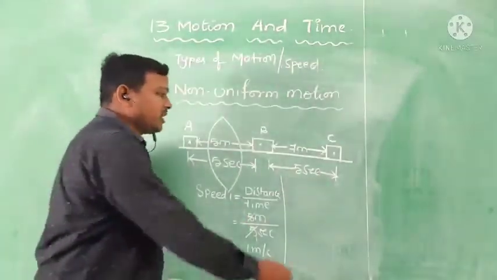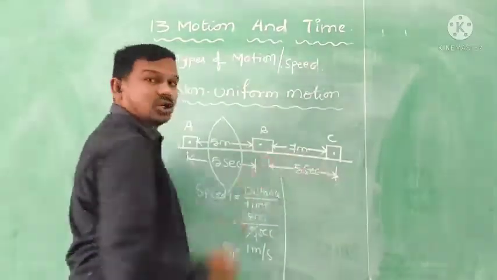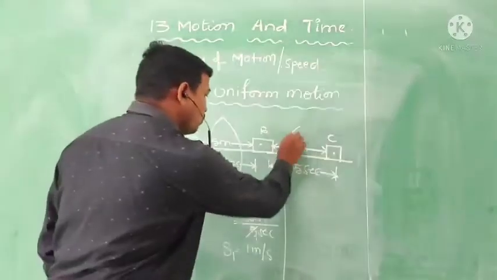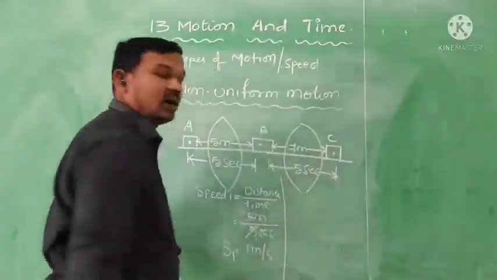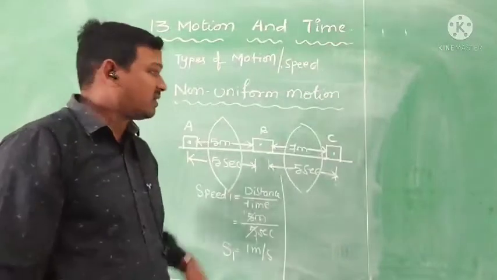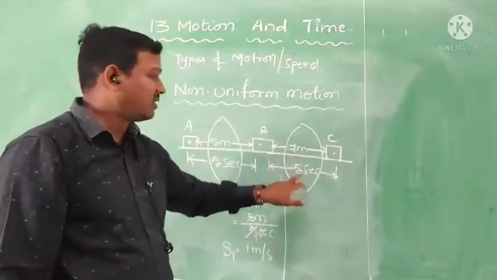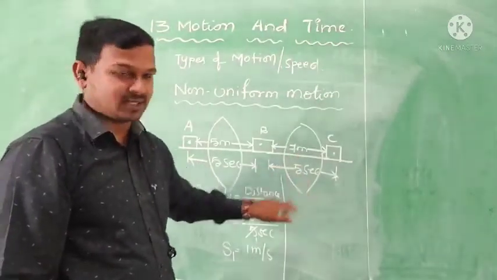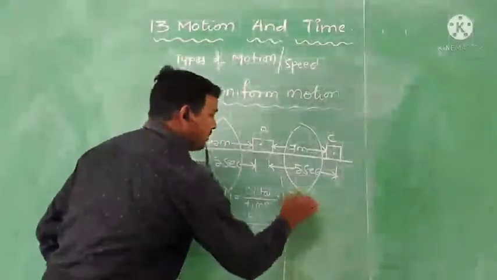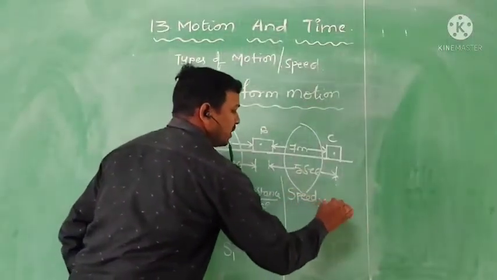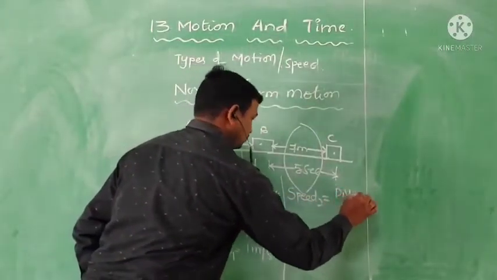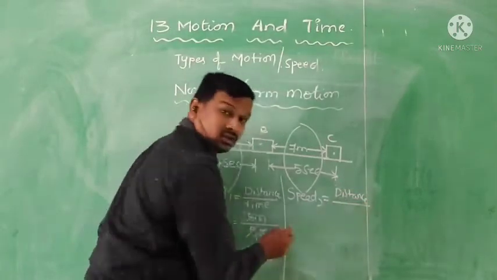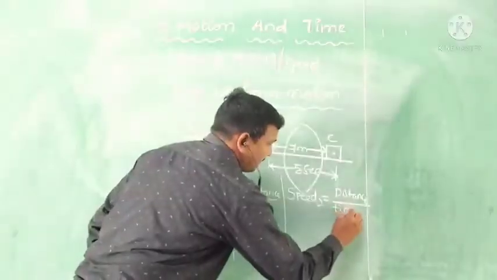Now I am moving to situation 2. In situation 2, what is the distance he covered? What is the time taken? He covered the distance of 7 meters, and the time taken is 5 seconds. Now what is the speed? Speed 2 is equal to distance by time.